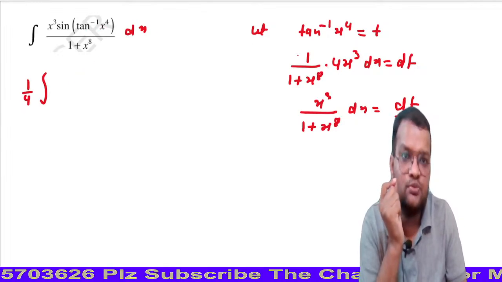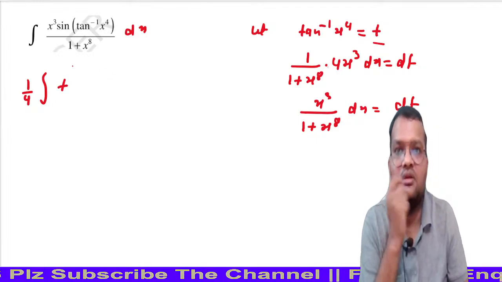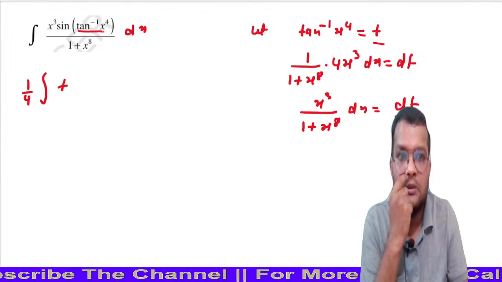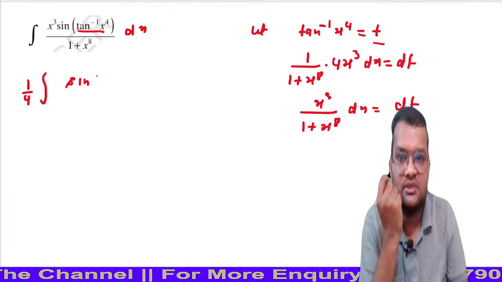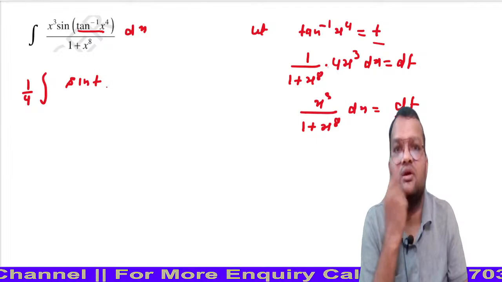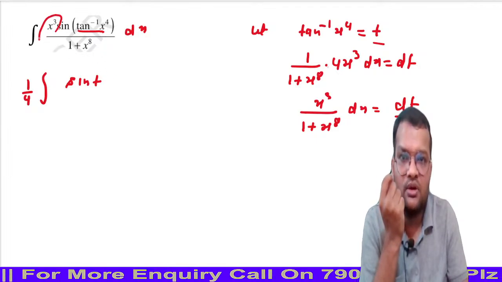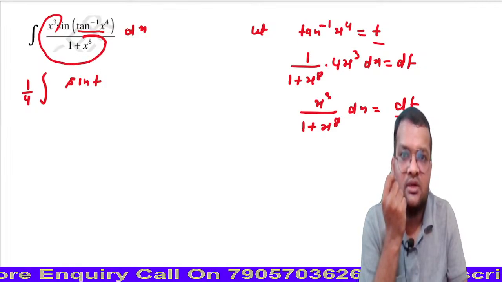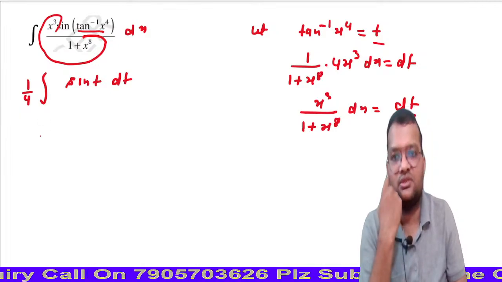Tan inverse x to the power 4, this one is t, so it becomes sin t.